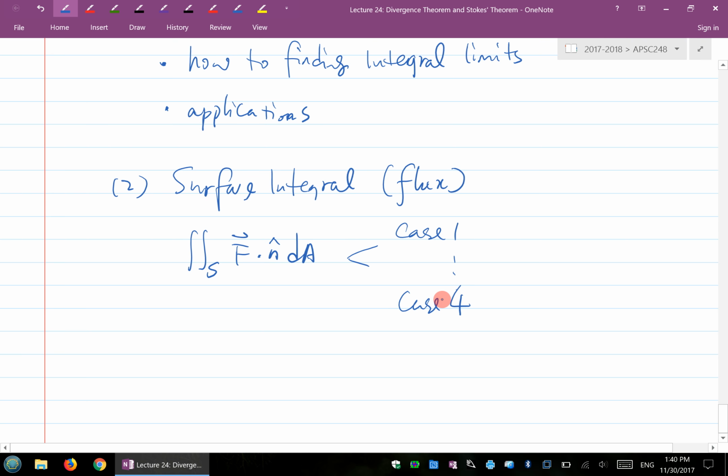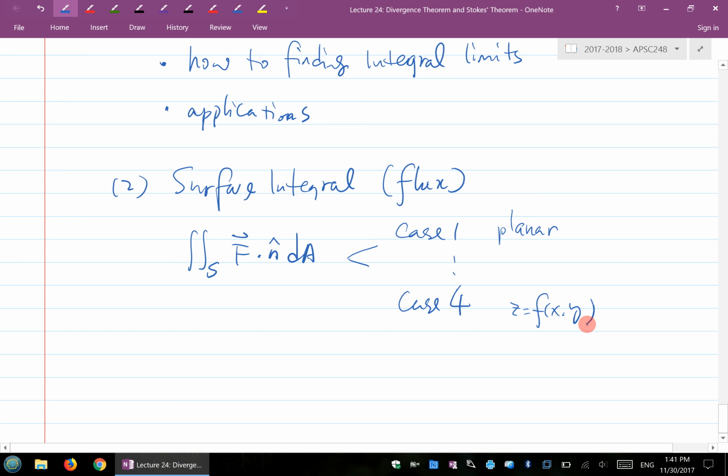I separated the evaluation of a surface integral into 4 different cases. Basically, there's a planar case, a cylindrical case, and finally z equal to f of x, y. So those 4 different cases, and there are formulas associated with each case.